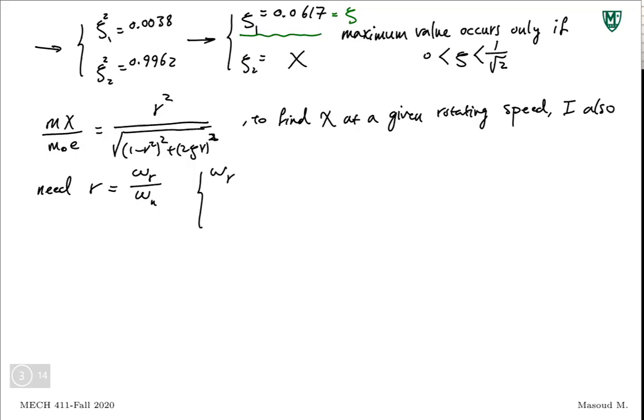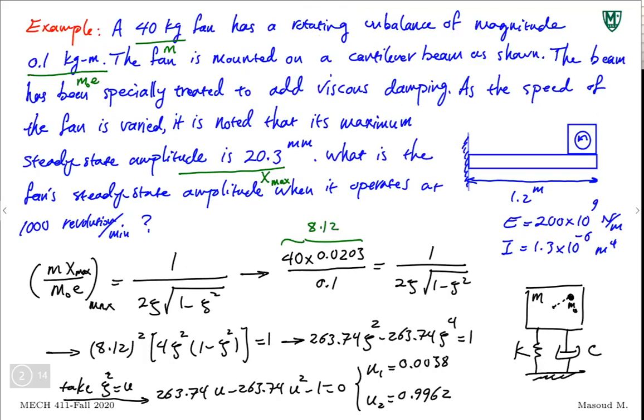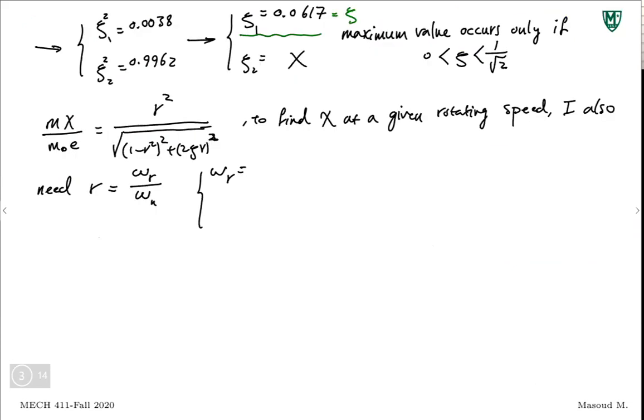Now omega r, the frequency of the rotating unbalance, is given. It's 1000 revolutions per minute. Right? That's the frequency I'm interested in, to find what is the amplitude at that frequency. So 1000, well, it's RPM, revolutions per minute. So I have to convert that to radians per second.